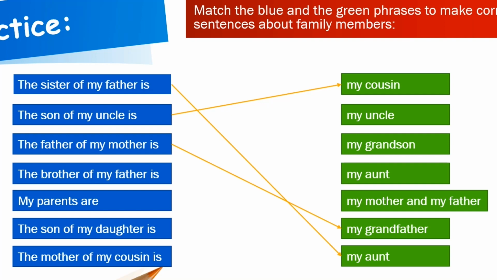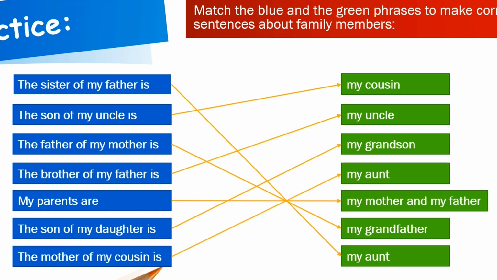The brother of my father is my uncle. My parents are my mother and my father. The son of my daughter is my grandson. And the mother of my cousin is my aunt.